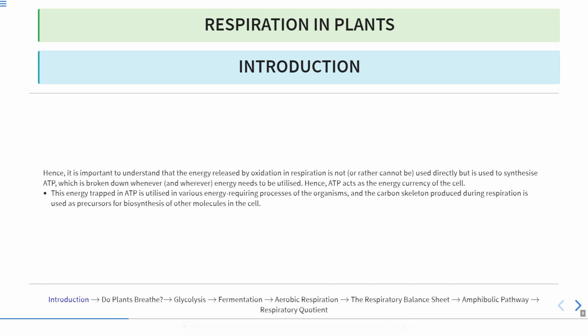So the energy trapped in ATP is used whenever energy is required, and the carbon skeleton produced during respiration is used as a precursor for the biosynthesis of other molecules.